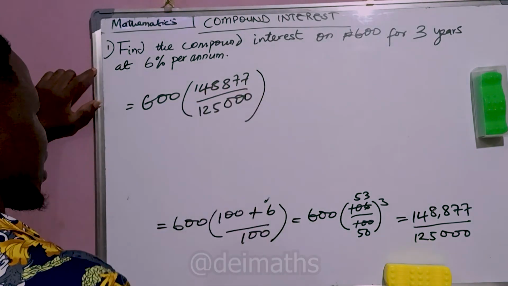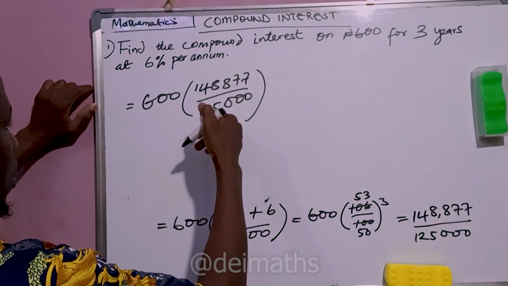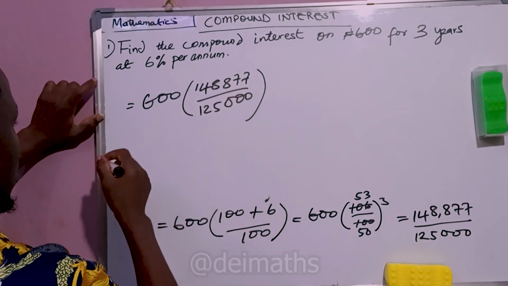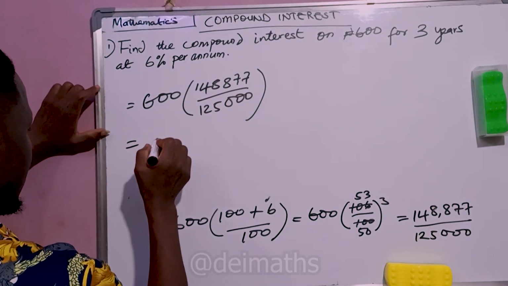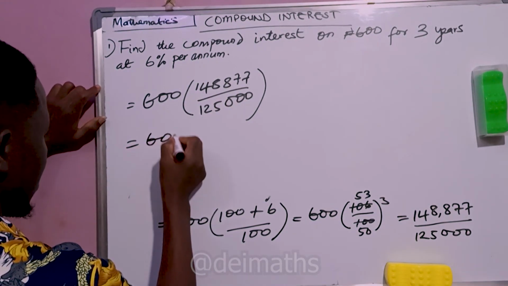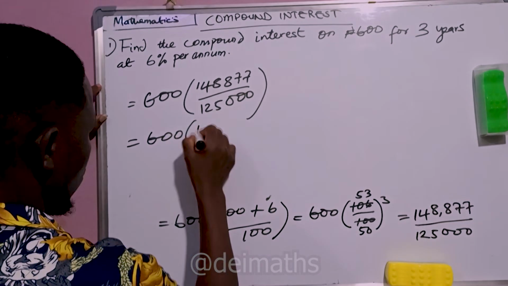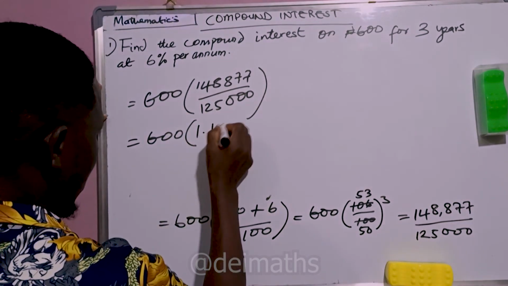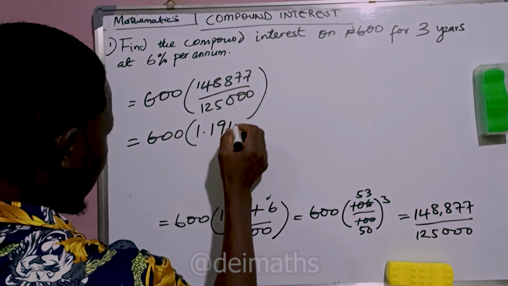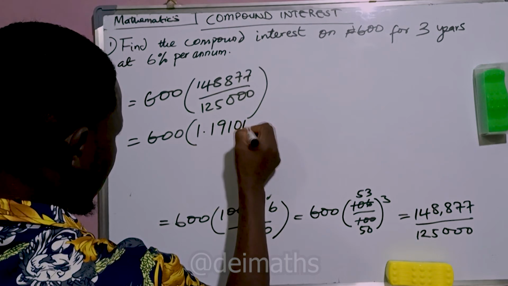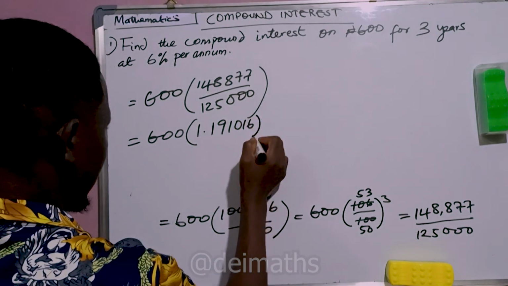So when we divide this, we have 600 brackets 1.191016.